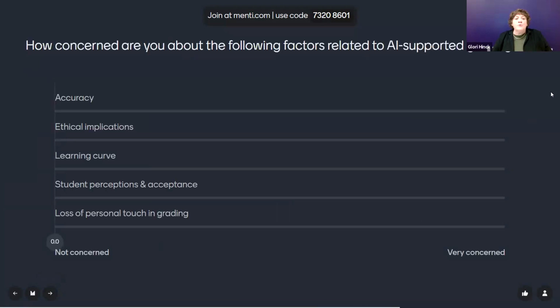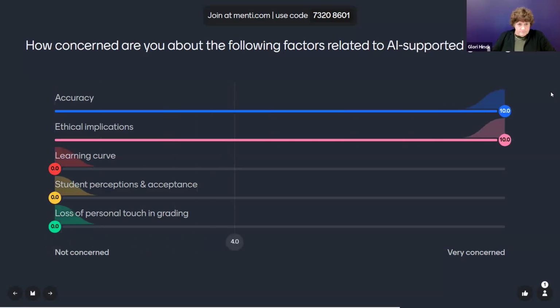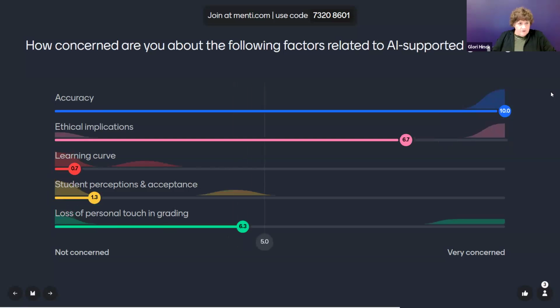How concerned are you about the following factors related to AI supported grading? You can drag the slider from not concerned to very concerned for each of those factors. All right.